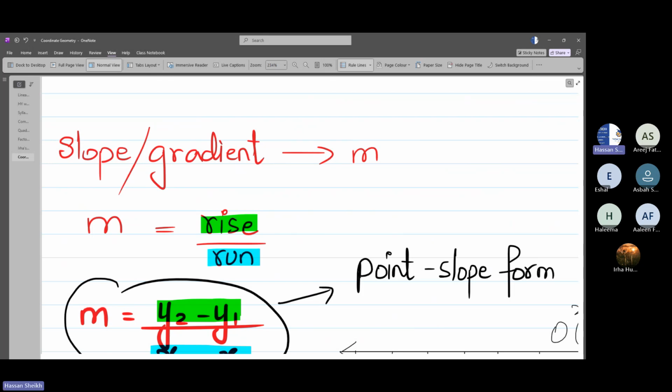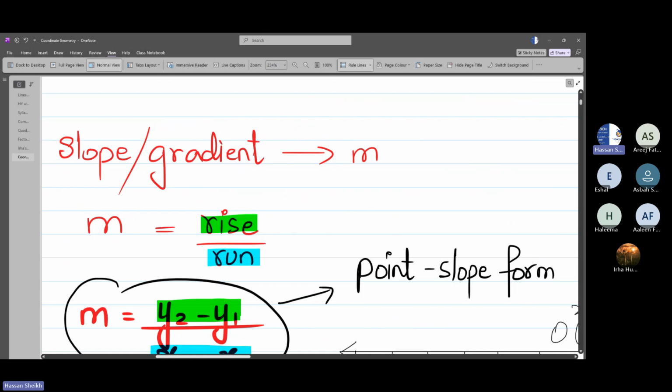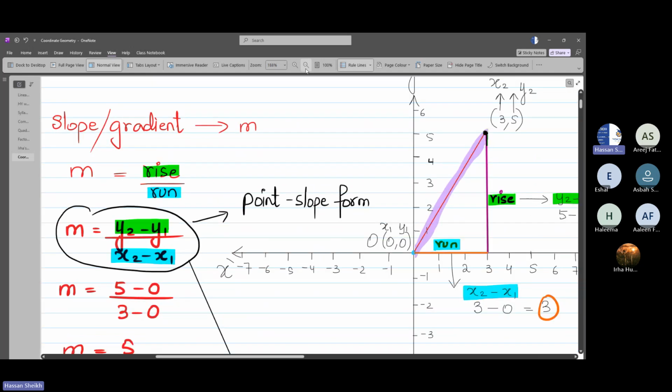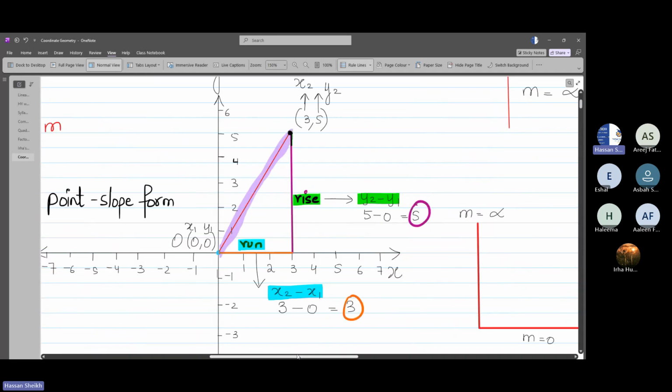Rise over run is how we find gradient or slope in lower grades. Agree? What does rise mean? Do you agree that rise means how much it rises up in the y-axis? Rise represents the y-axis.